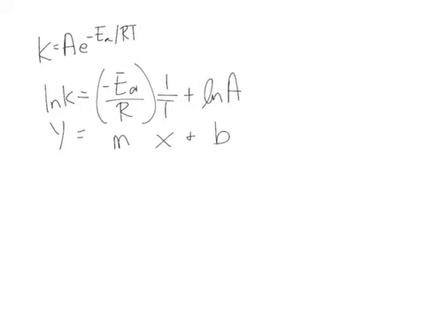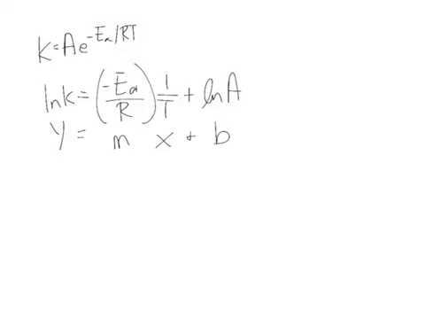So then once you plot your data, or the whole class's data, you'll have the slope here, and you can use the slope and the R to solve for the activation energy of the reaction of bleach taking away the color of the blue dye. We can find out what the activation energy for that reaction is, which is pretty cool. And we can also come up with the frequency factor as well. All right, so that's what you're going to be doing in lab.